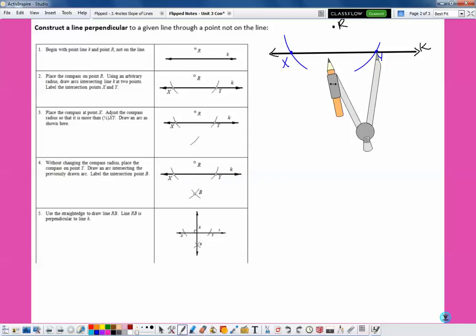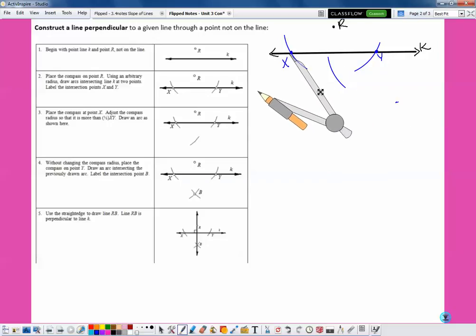And I'm going to draw an arc below. And then I'm going to move my center over to X. And then I'm going to draw an arc that same width from X.